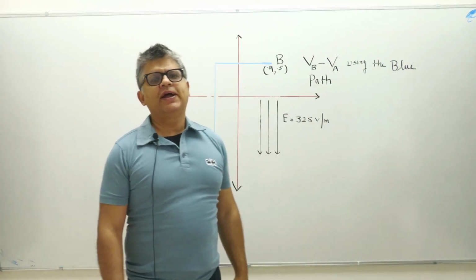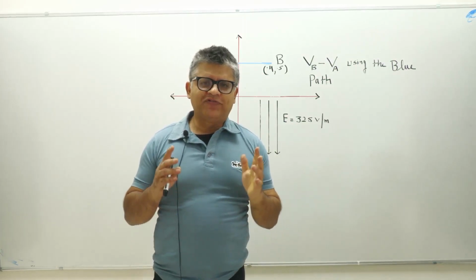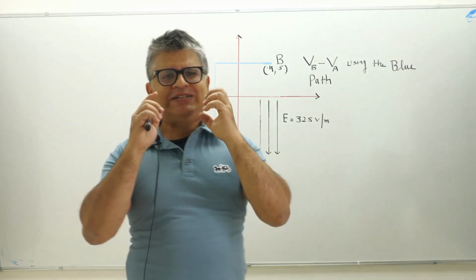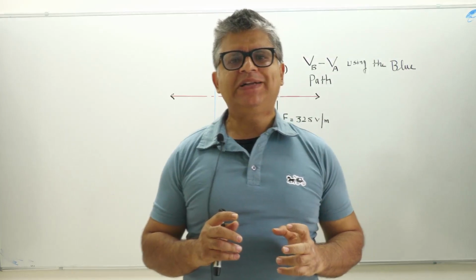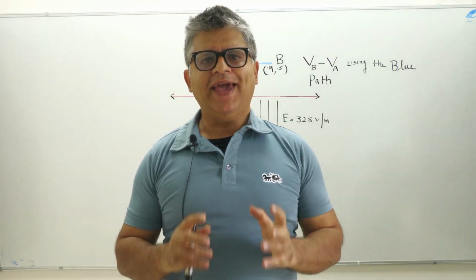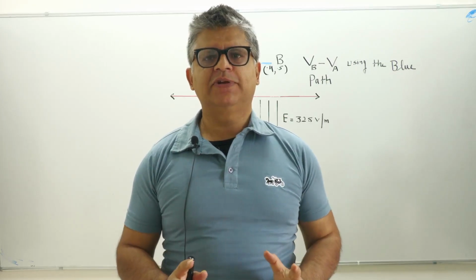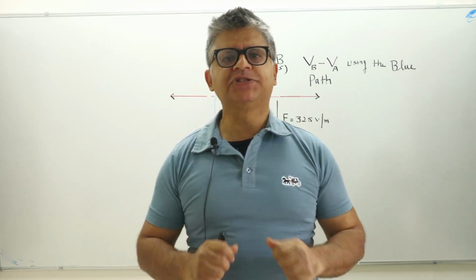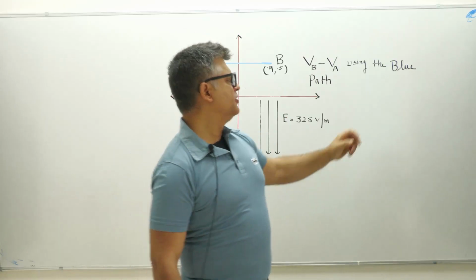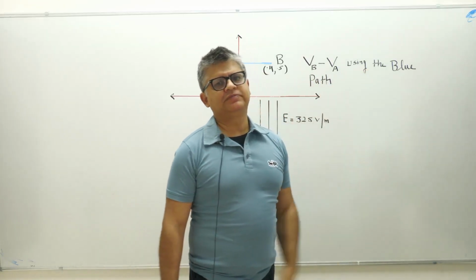What is the question, right? So the question is, you have to find the potential difference between 2 points inside a uniform electric field. But the condition is use the blue path.